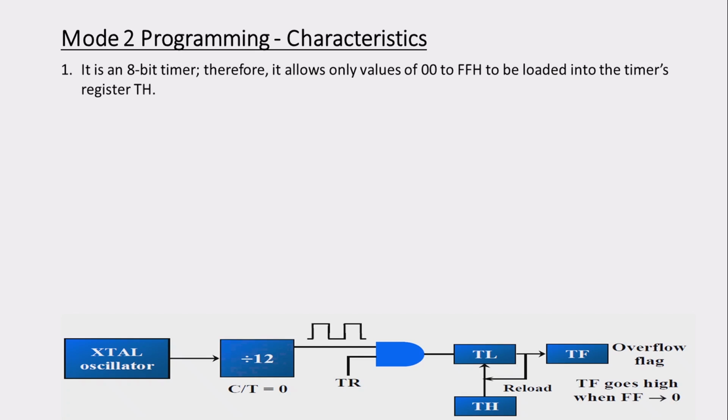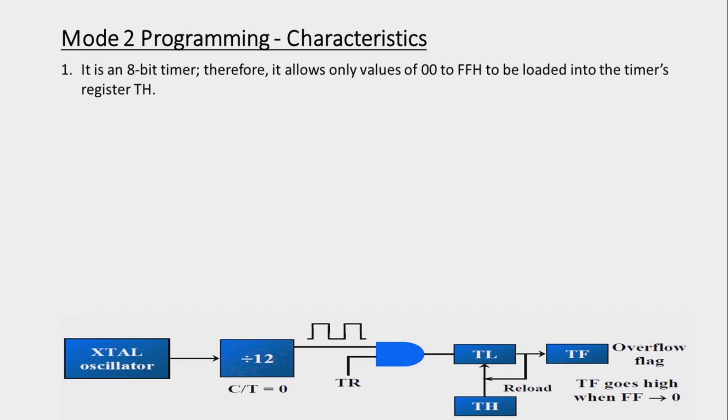Each timer has two different registers to load the lower byte and the higher byte: TL registers for the lower byte and TH registers for the higher byte. Mode 1 is a 16-bit timer, so the values we load varied from 0000 hexa to FFFF hexa.